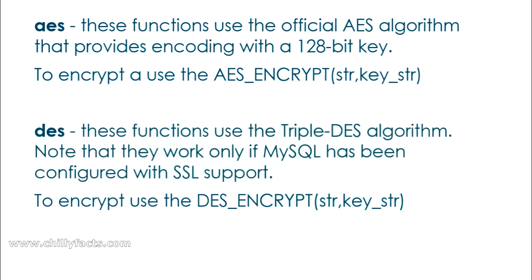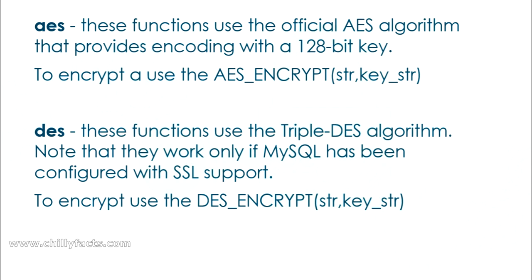The AES function uses the official AES algorithm, and the DES function uses the triple DES algorithm. So just understand that the backend process of the encryption of both is different, but the way we use them in our code is somewhat the same.